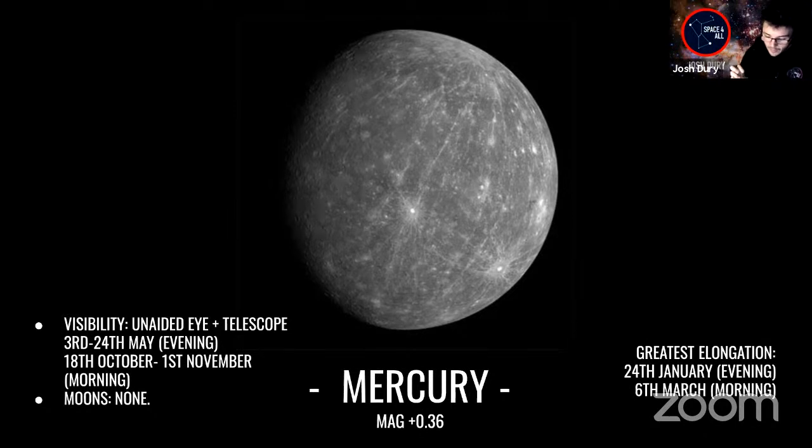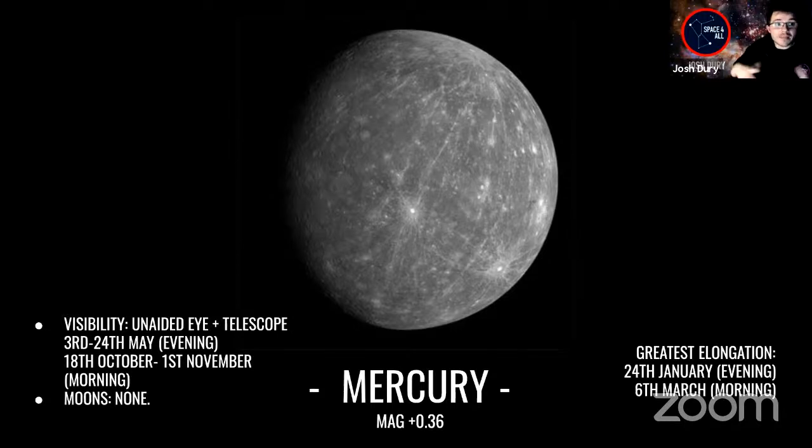And I can tell you that as astronomers, we can observe to a magnitude of around 6.5. So as you can imagine, at magnitude 0.36, Mercury will appear as a relatively bright object just before sunrise, or just after sunset.